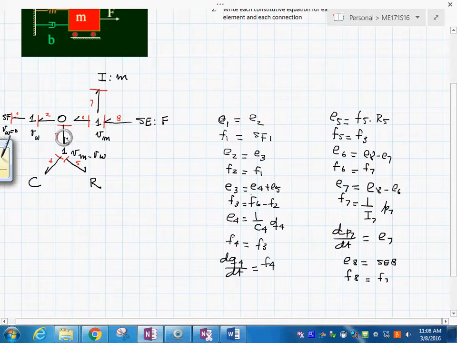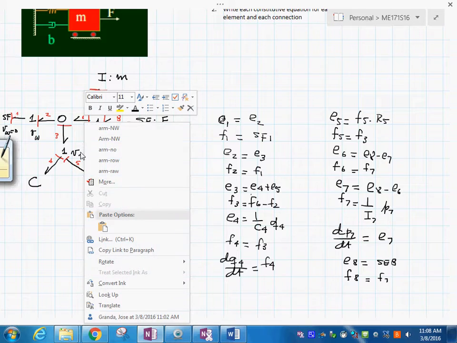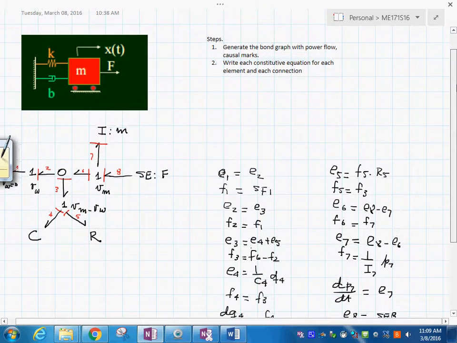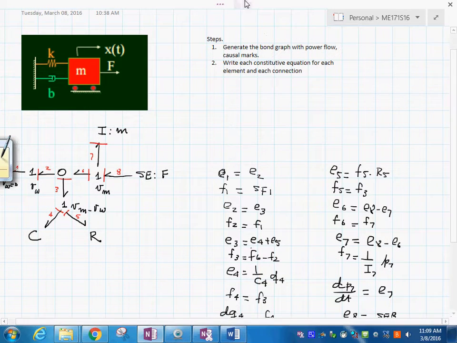So in here, the differential equations of this system that you see are this one, and you have this other one.